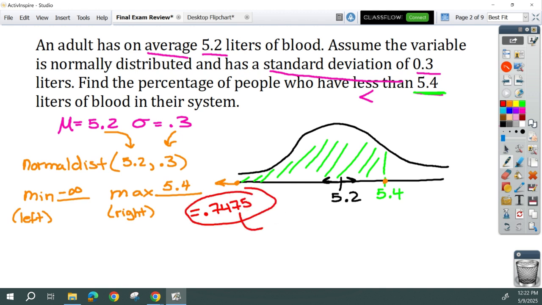If we want to make it a percentage, because that's what the question asked, but I'm not too picky, I would call it 74.75%. So about 75%, close to 75% of adults, based on what we know here, have less than 5.4 liters of blood in their body.